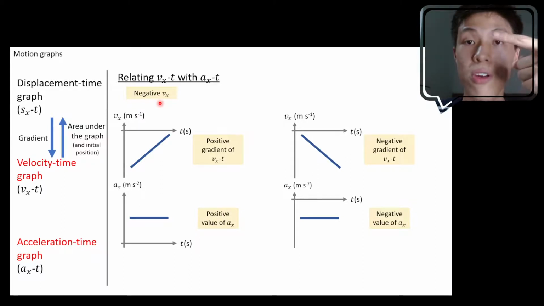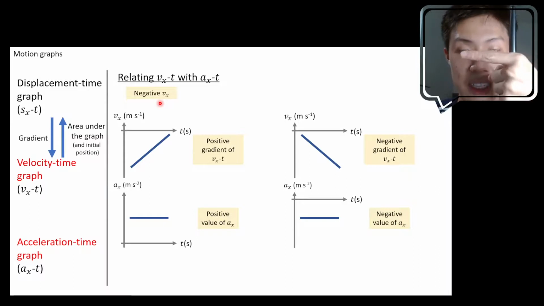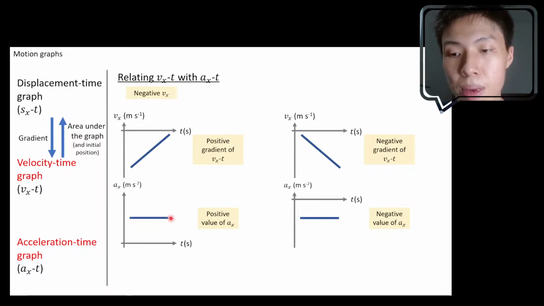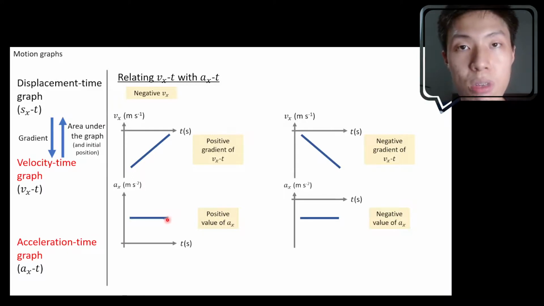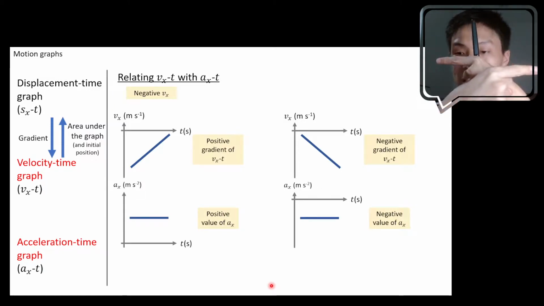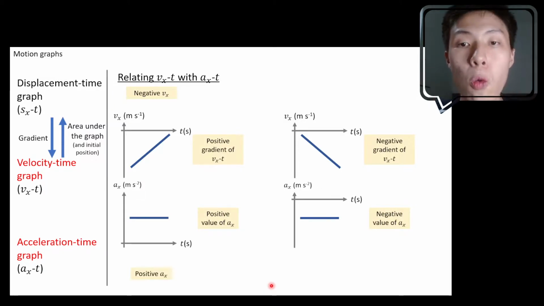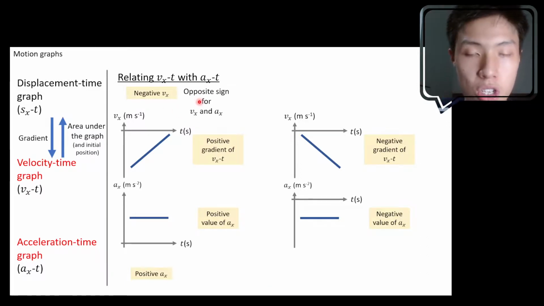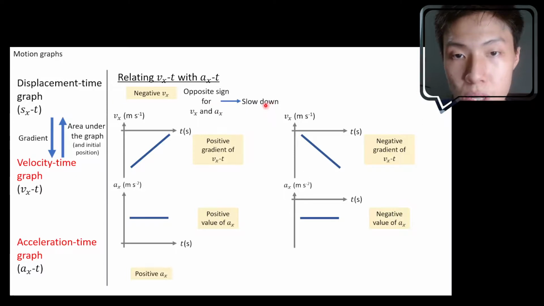Your acceleration here is above the time axis, so your acceleration is pointing in the positive x direction. Velocity in the negative x direction, acceleration in the positive x direction. So these are opposite directions. If you see opposite directions, what should you expect? Slow down.